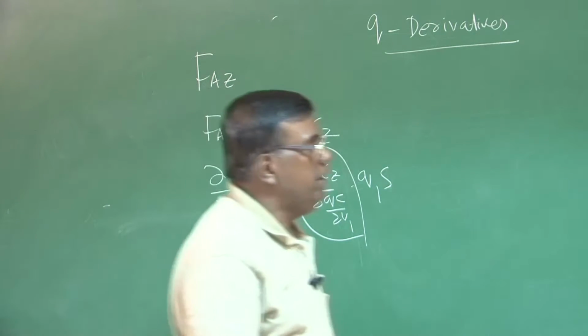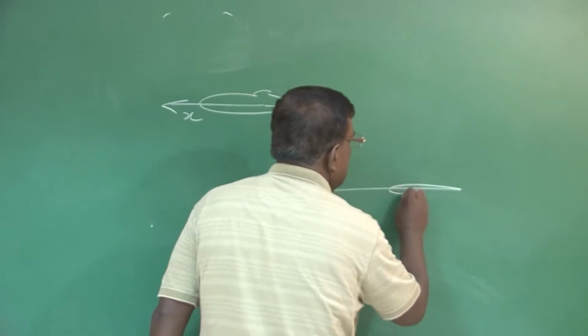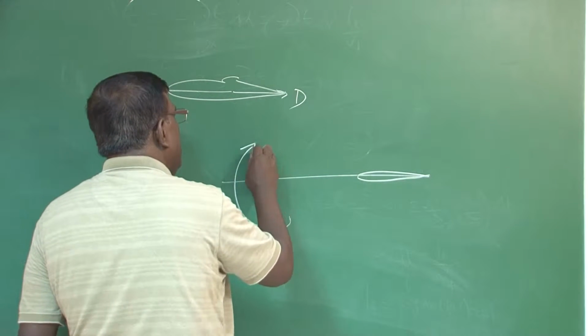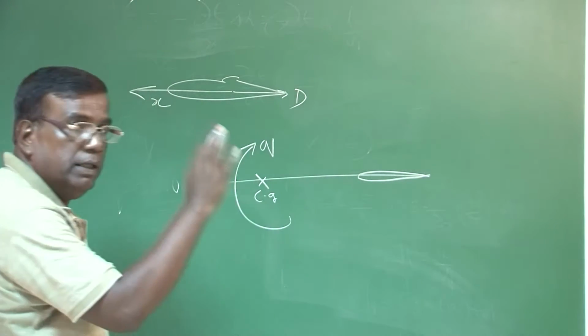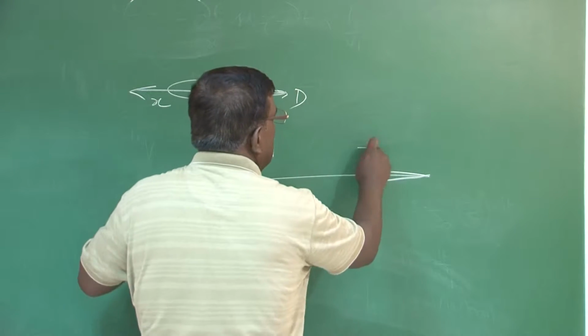Now, let us see what is actually happening. Suppose this is the tail, and this is the CG of the airplane, and if it is going for a Q, pitch up like this, what will happen? The tail will go down.